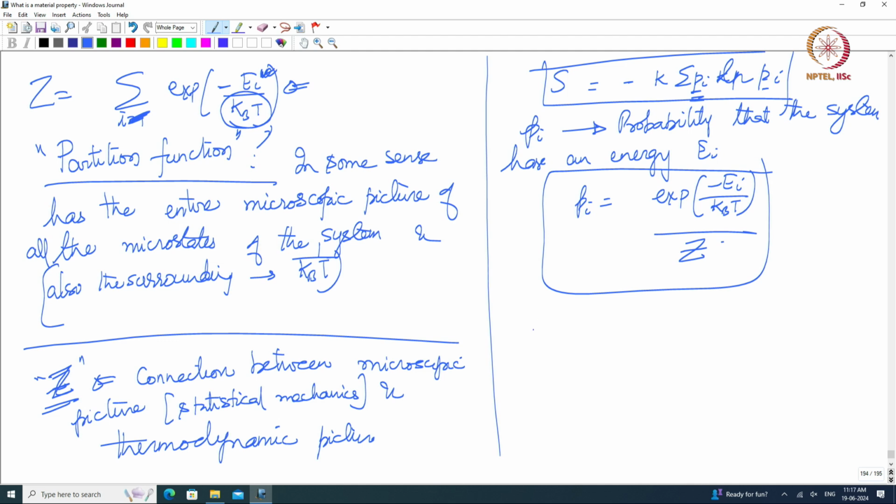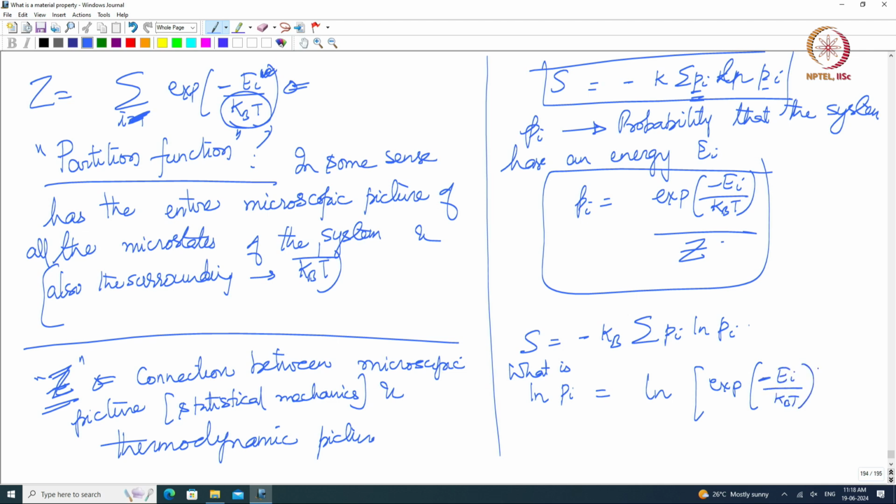what is S, right. S is actually minus kB sigma pi ln pi. Okay. Now, what is ln pi? I can just write ln pi as ln exponential of minus ei by kBT minus ln Z, right.